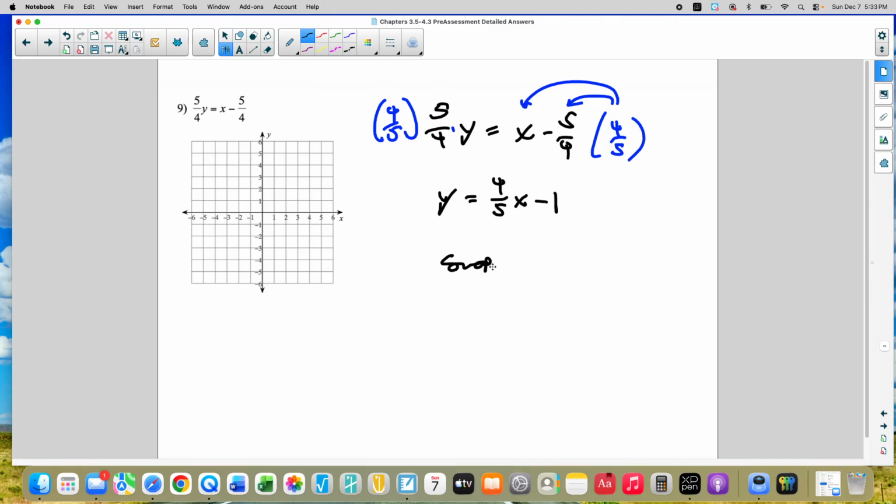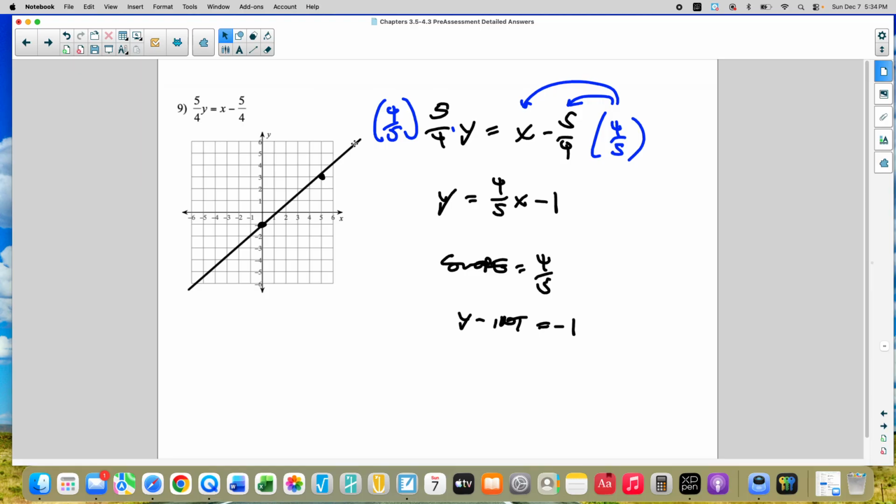So a slope of 4/5, a y-intercept of -1. Lots of -1 intercepts. Slope of 4/5, 1, 2, 3, 4. Right, 1, 2, 3, 4, 5. Connect them. Zero, -1, 5, 3.